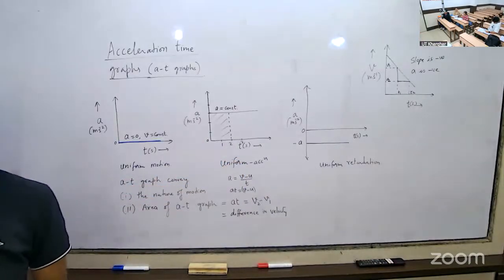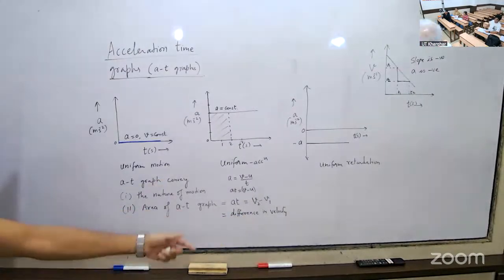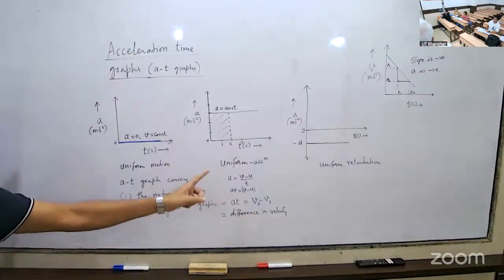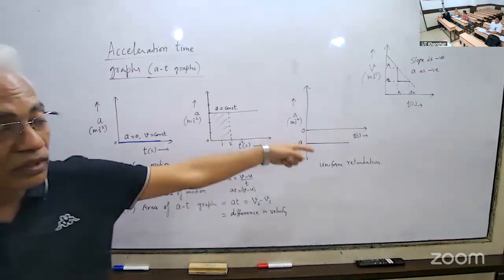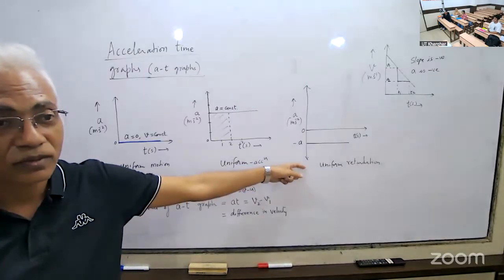Is that clear? This gives the change in velocity, or increase in velocity. If it is retarding, then it will give a decrease in velocity. See how fast she is going.